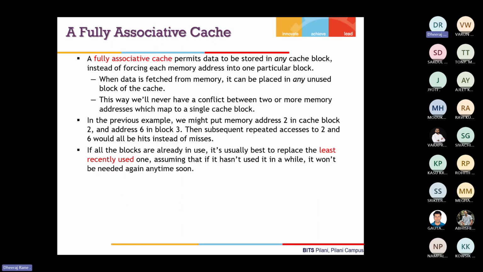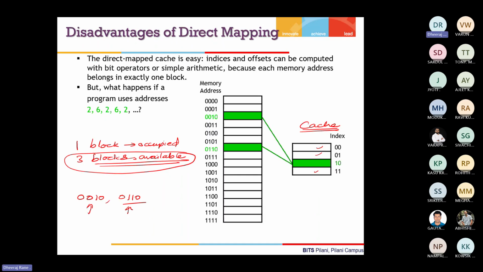Okay, so this is the main disadvantage of directly mapped.